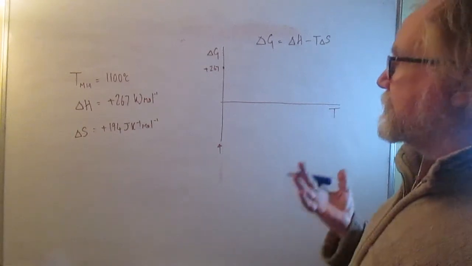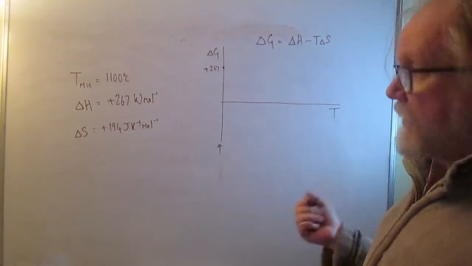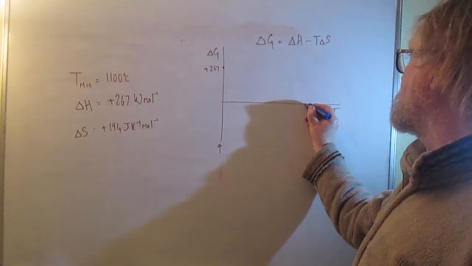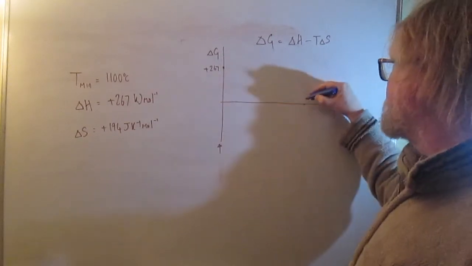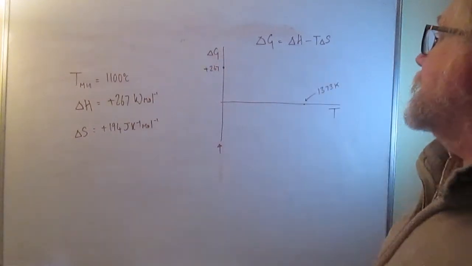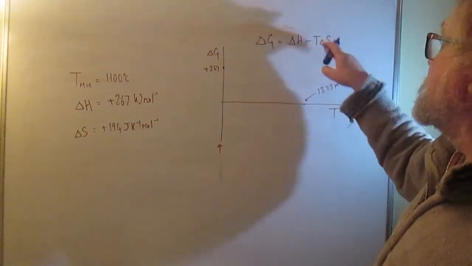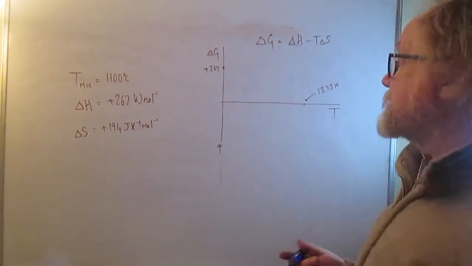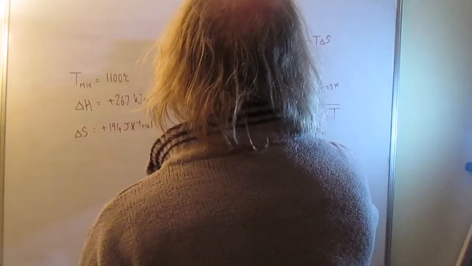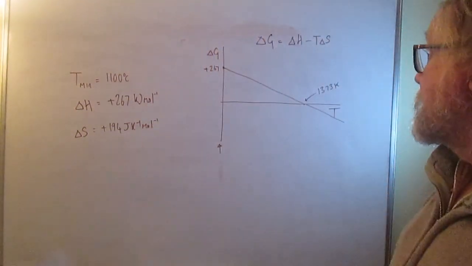And we also know that the minimum temperature, which is where delta G is 0, is at 1100 degrees C, which is 1373 Kelvin. So that's the other point we can find, that if this is 1373 Kelvin, we know those 2 points are on the line, and we just assume that delta H and delta S are constants. They don't change with temperature, and so all we have to do is draw a straight line that goes through those 2 points, which is going to look something like that.